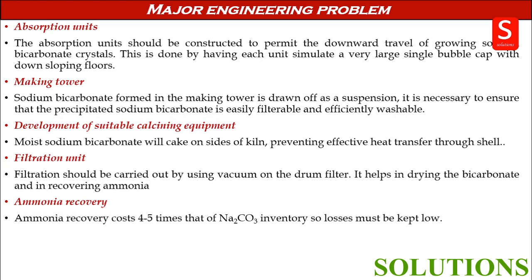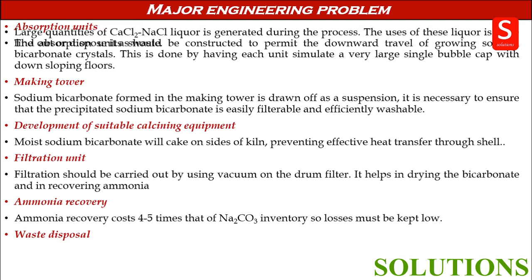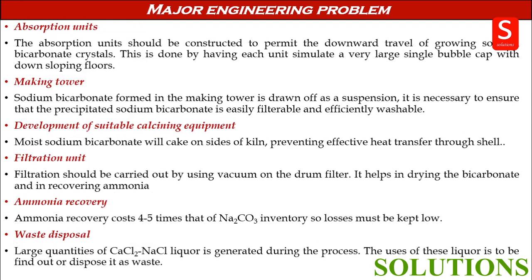Ammonia recovery costs 4 to 5 times that of Na2CO3 inventory, so losses must be kept low. Waste disposal. Large quantities of CaCl2 NaCl liquor are generated during the process. Uses for this liquor must be found, or it must be disposed of as waste.